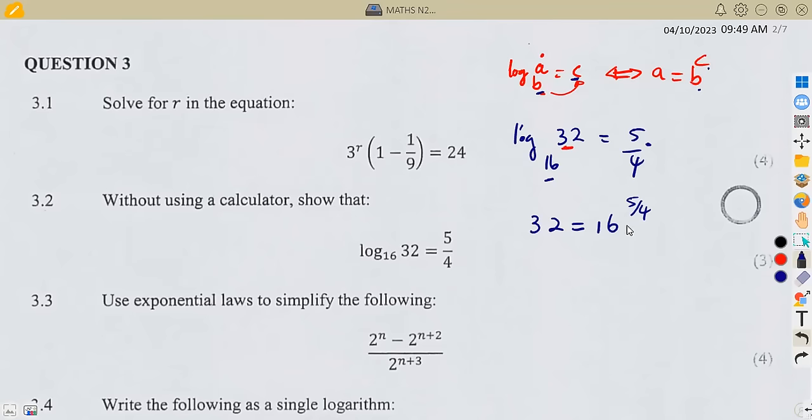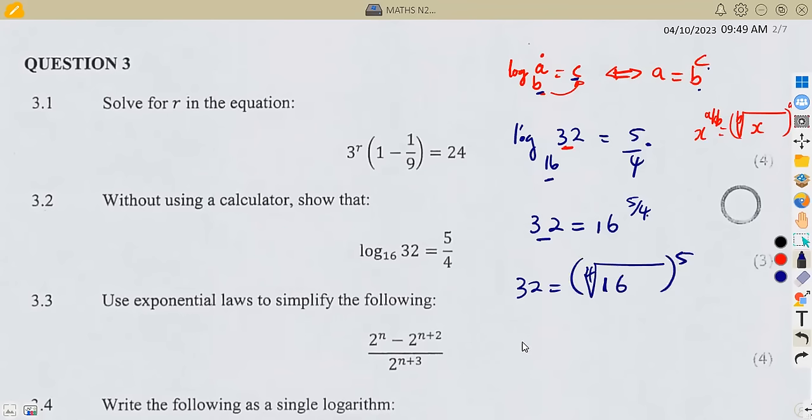We can simplify the right-hand side from our laws of exponents. Remember that x to the exponent of a over b is equivalent to the bth root of x, everything to the exponent of a. So this is going to give us 32 is equal to the 4th root of 16, which is our denominator, whatever we obtain to the exponent of 5.